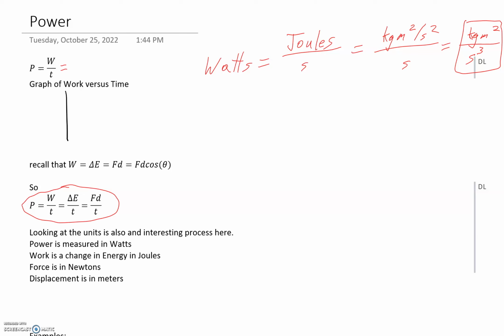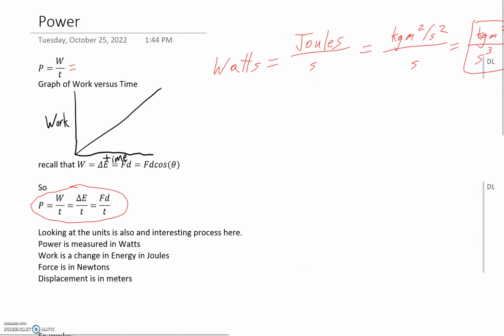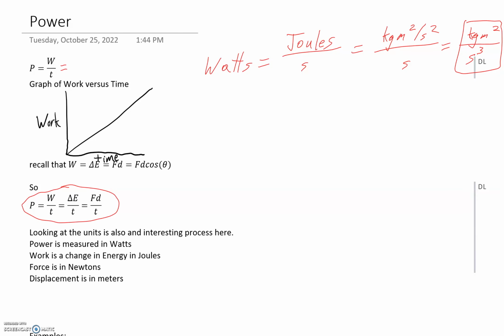What else we could say is that if we graph work versus time, then you could take the slope of that graph, because slope is rise over run. In this case, the slope of the graph would be rise over run, which would be work over time, and therefore the slope is power.